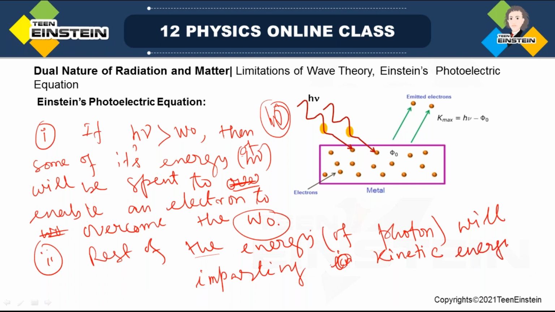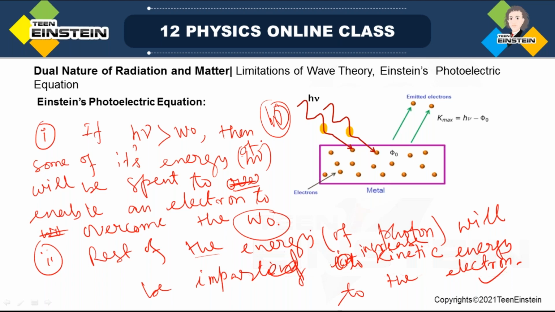So the rest of the energy will be imparted to increase the kinetic energy of the emitted electrons.